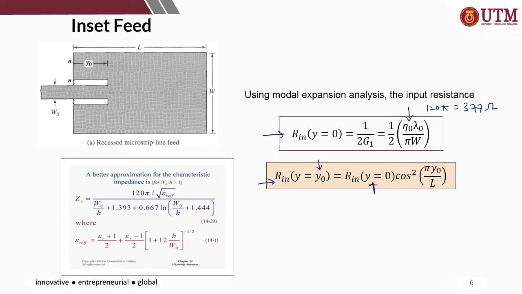It depends on the R in when the feed point is at the edge of the structure, multiplied by cos squared of pi y naught divided by L. Alright, in patch antenna design, usually we have a targeted or required input impedance, typically 50 ohm. So once we have set the input resistance, we can determine y naught, the position of the feed point, to match the required or intended input resistance.